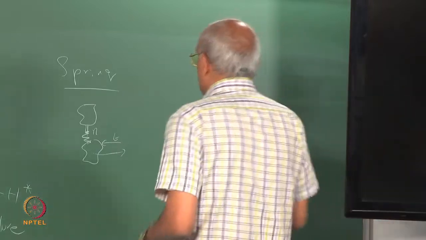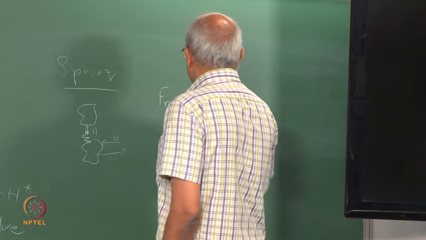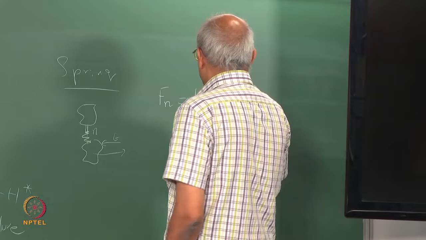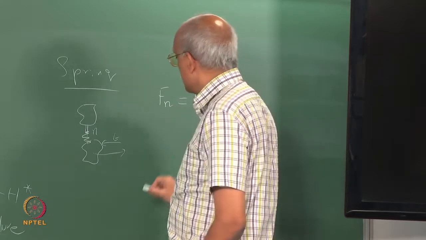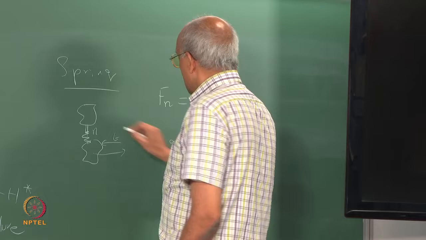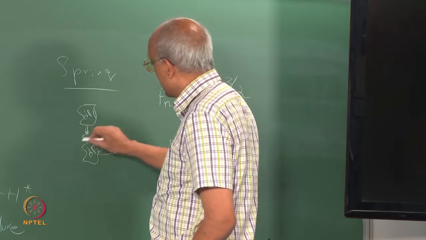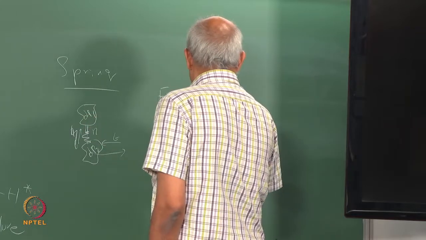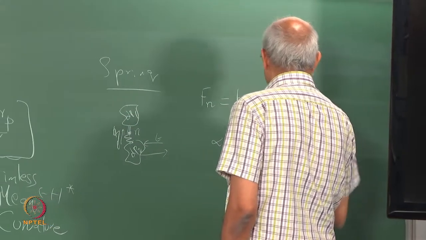Here the normal force is given by a factor Kn times alpha to the power 3 by 2, where, if dp1 is particle diameter 1, dp2 is particle diameter 2, and the distance of separation is some s, alpha is dp1 plus dp2 minus s.